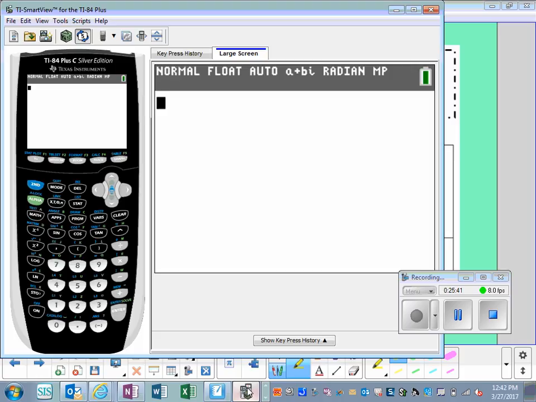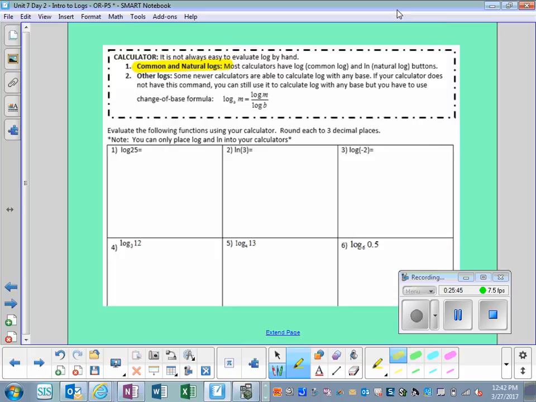But the base is only 10 or e. If you have any other log with any other base but 10 or e, then you have to use the formula called the change of base formula. The formula tells you log base b of m is just common log of m divided by common log of b.